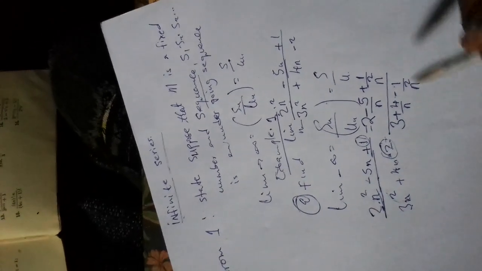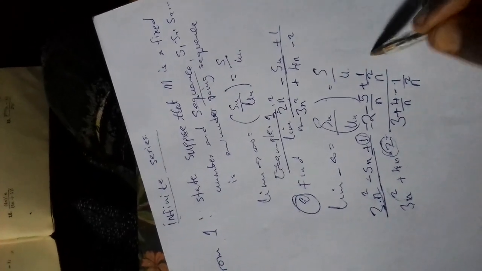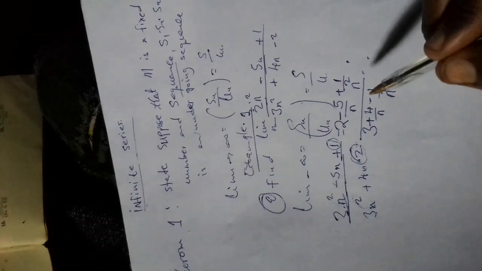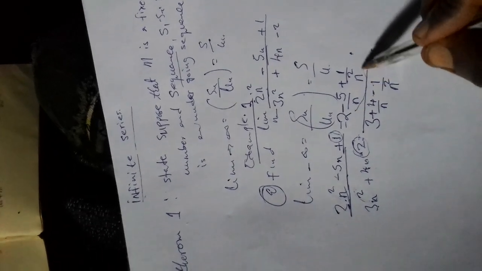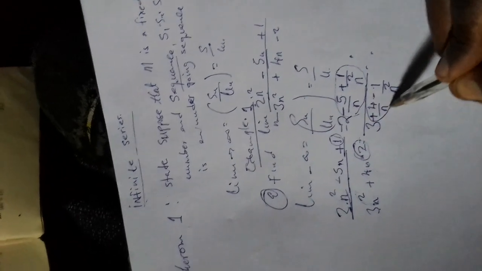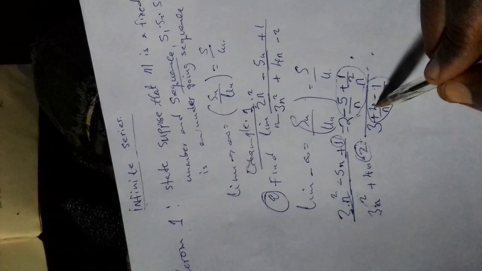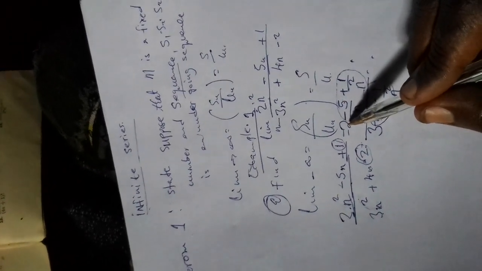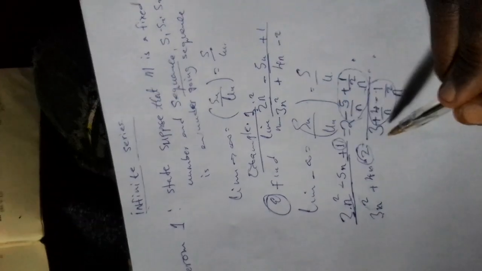The moment you write it like this, now indicate therefore. Now we are going to look for the original answer. All of these we are going to leave, for the reason that they only have a single n. Only this one was having n squared.